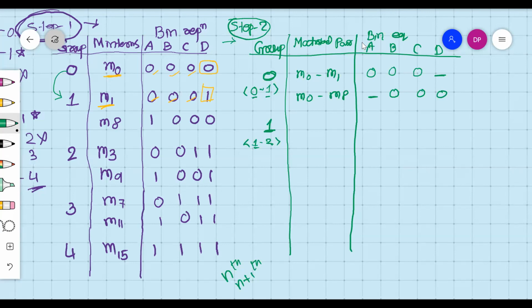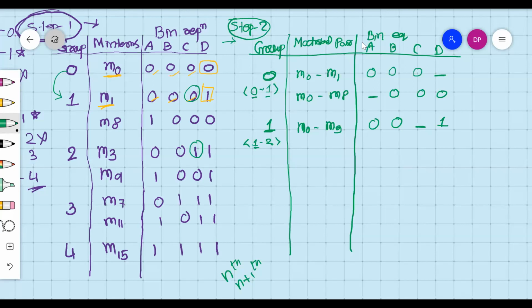If you compare, only this bit is changing, rest all are same. So this is 0, this is 0, this bit is changing, and this bit is 1. So m1, m3 make a matched pair.